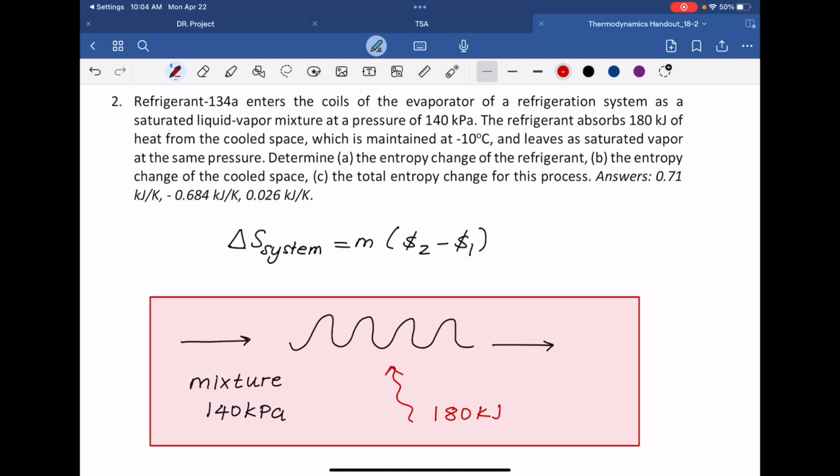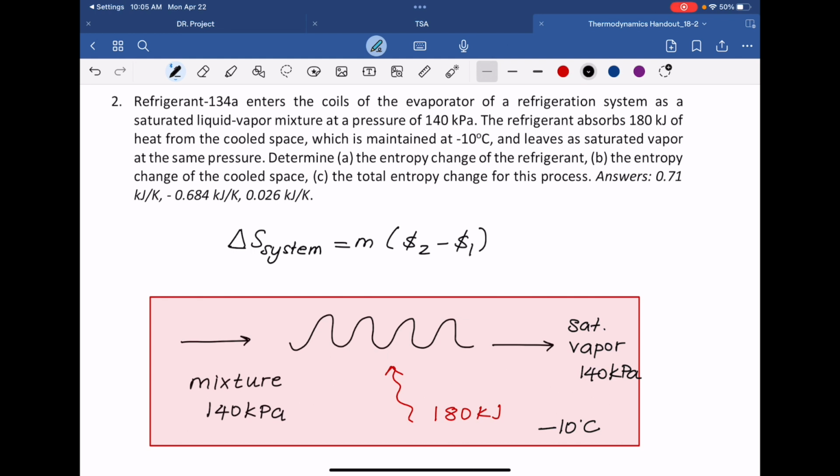Let's do it like this. And it is at minus 10 degrees Celsius, and the refrigerant leaves as a saturated vapor at 140 kilopascal. Now we have seen that it looks like I cannot use this relation to solve this problem.